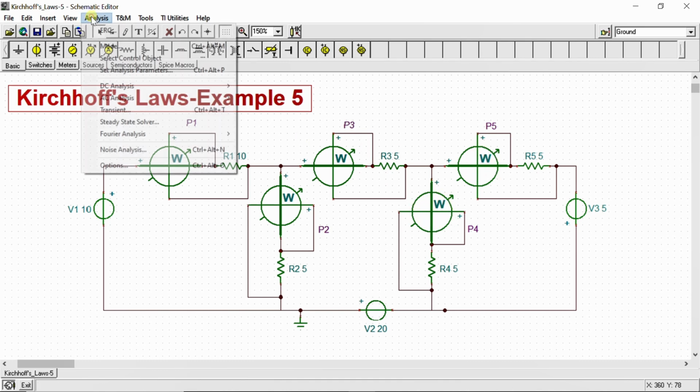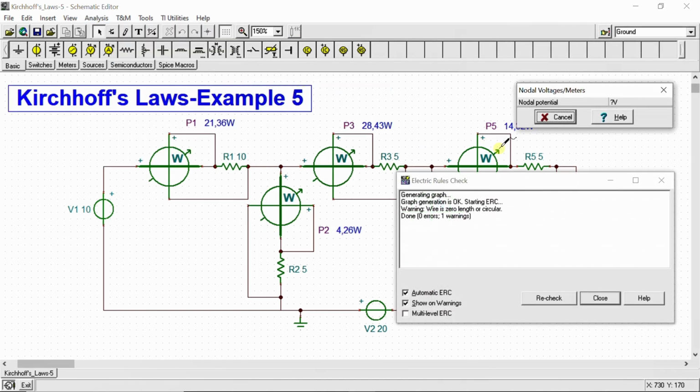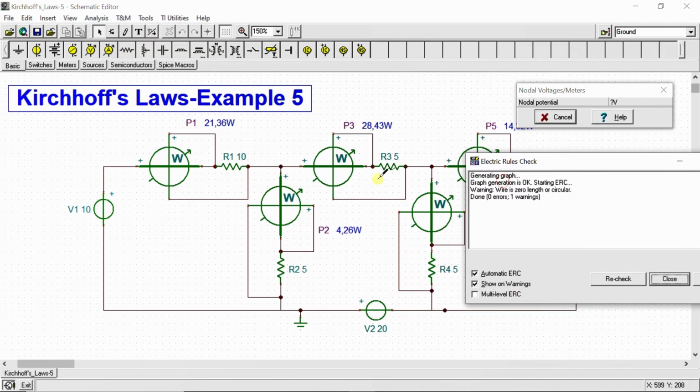Let's go to analysis. Let's go to DC analysis, calculate nodal voltage. We can see here that this is the dissipated power in the resistor R1, that's 21.36 watt.